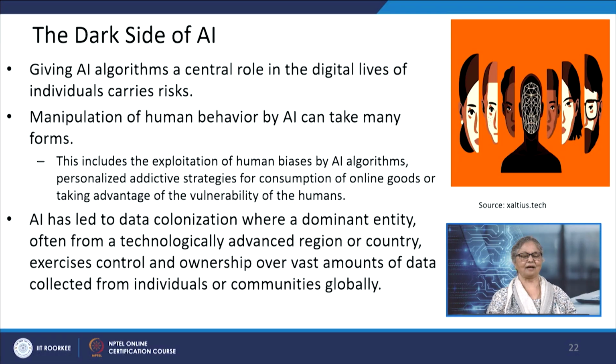So, it is this dark side of AI which has already led to data colonization, where a dominant entity, often from a technologically advanced region, can exercise control and ownership over those people and places and spaces where technological competence and data storage is rather less.